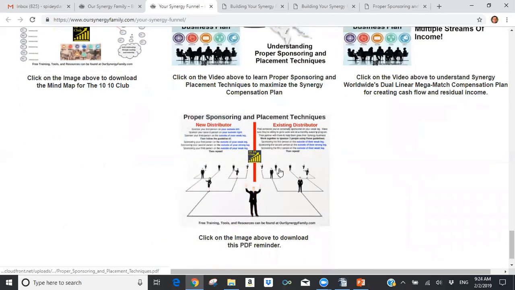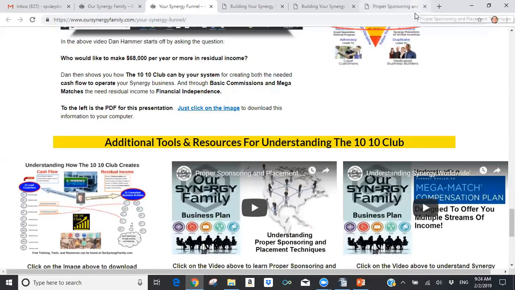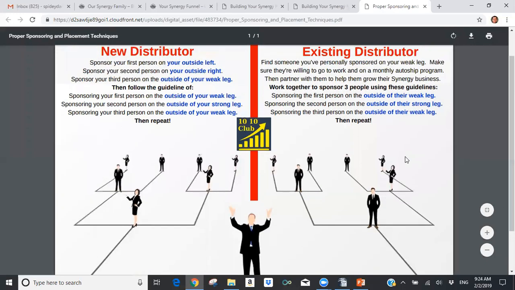And then I created, I didn't call this one a mind map, but I created a quick reminder of the key information that is shared in this video. So let's go to this PDF so that I can share with you what we want you to understand.